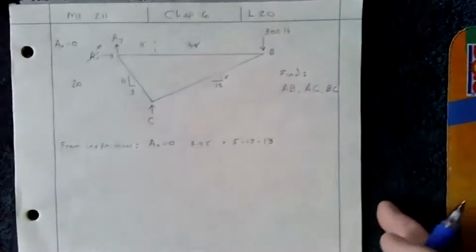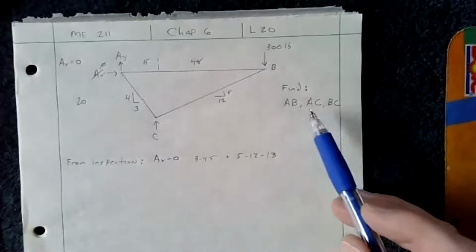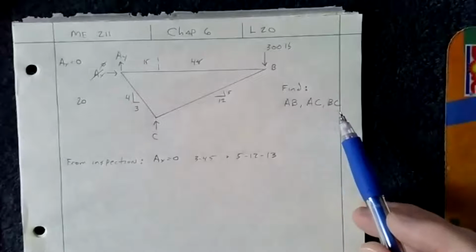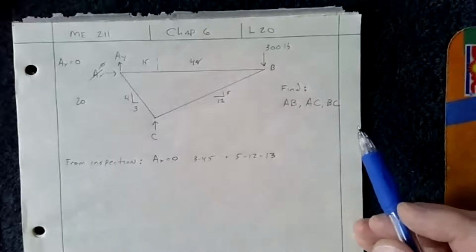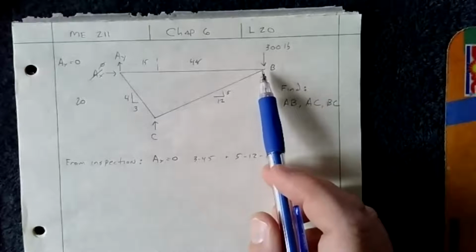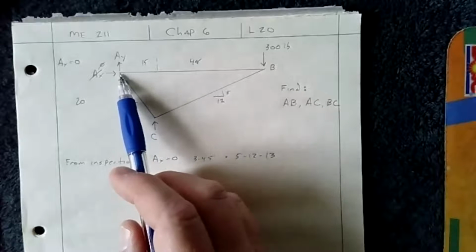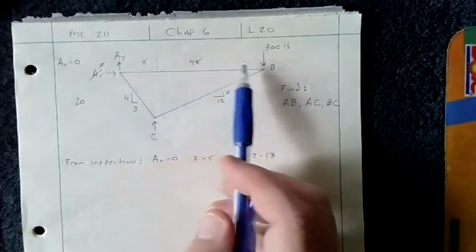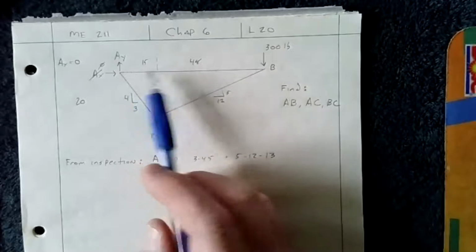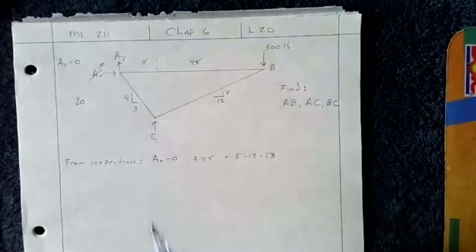It's more just for making sure you keep everything straight. So then we're trying to find AB, AC, and BC. The first thing we should try to figure out is what the reactions are. We know that there's 300 going down. So an easy way to find it would be to sum the moments about A, because we know that 300 times this distance is going to have to equal C times this distance.